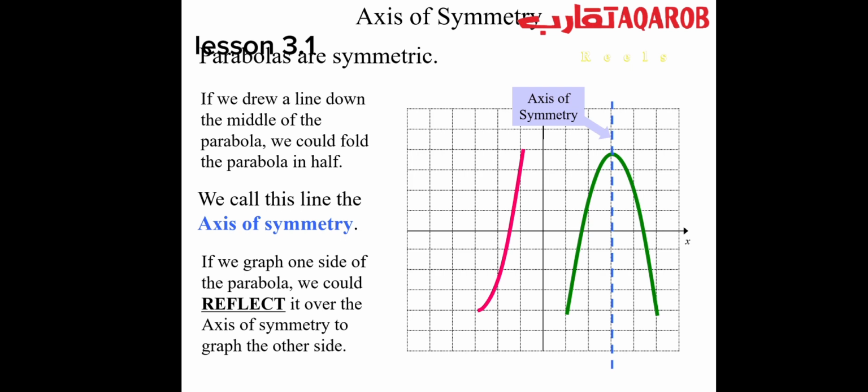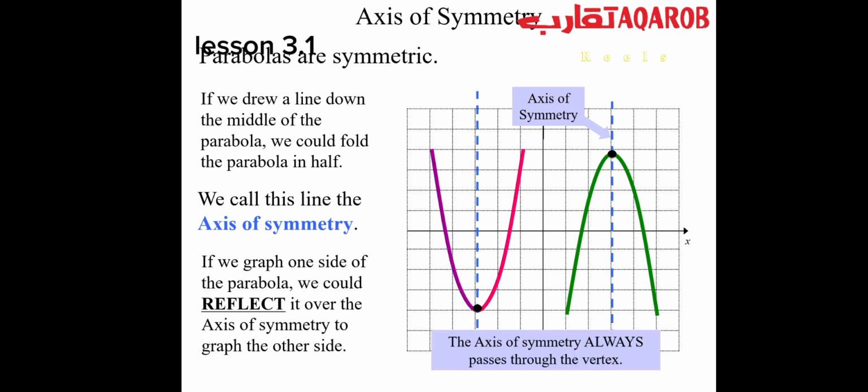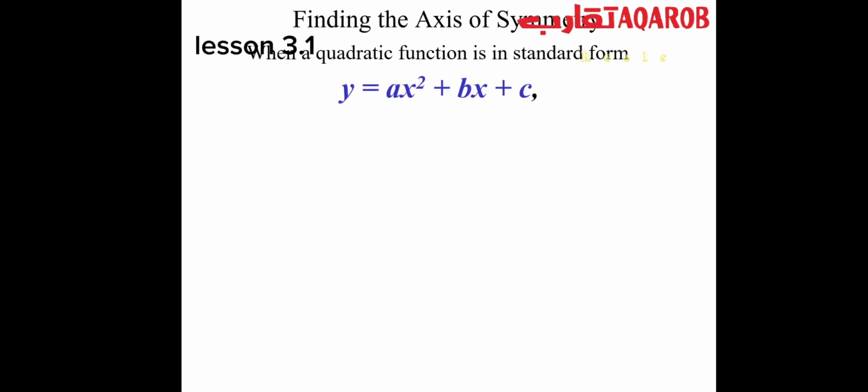If you know where the axis of symmetry line is, which is here, we can conclude immediately that the other side of the parabola will be to the left, as you can see here, because the axis of symmetry divides it into two identical shapes.